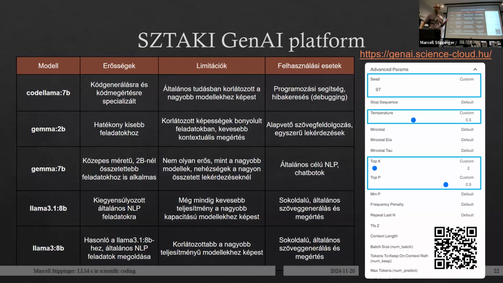First of all, we have to know which systems are available to us. There is an implementation of free language models at the Science Cloud, the cloud operated by the Hungarian research networks at Wigner and at Staki, where you have access, or you will have access, to different large language models which are free.